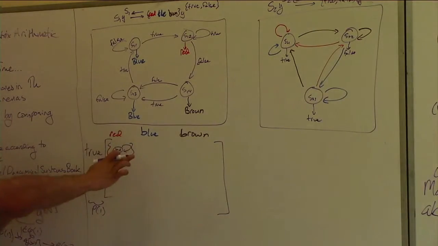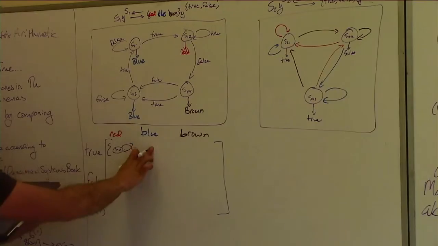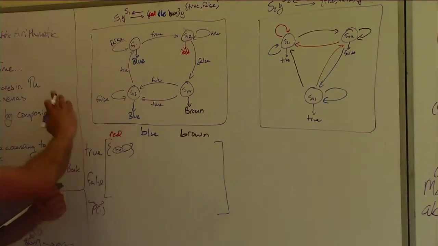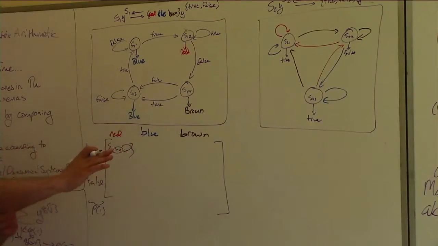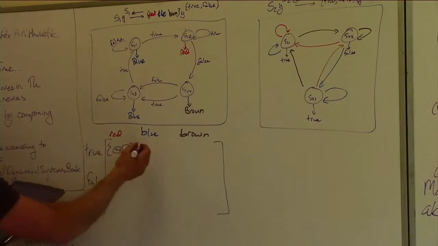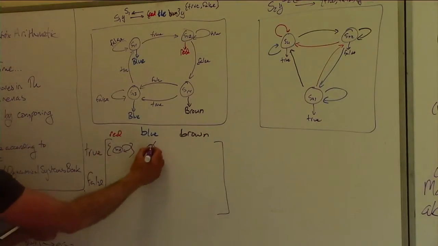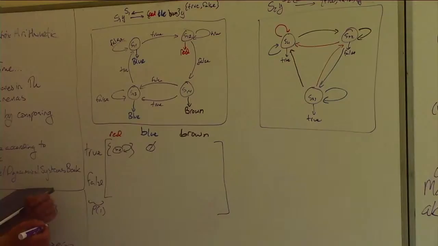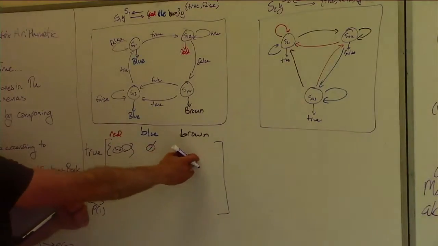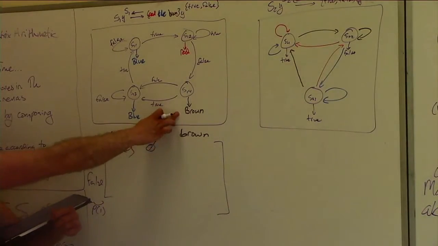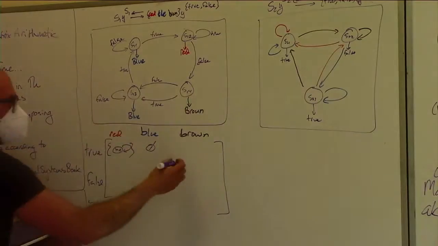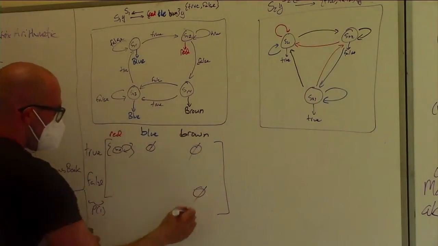And how many blue true steady states are there? Well, there are none. If you are ever in a state that outputs blue and you hit true, you go somewhere else. So this is empty. And how many brown true steady states are there? Well, there's only one brown state, and it always moves. So there's none here, and there's none here.